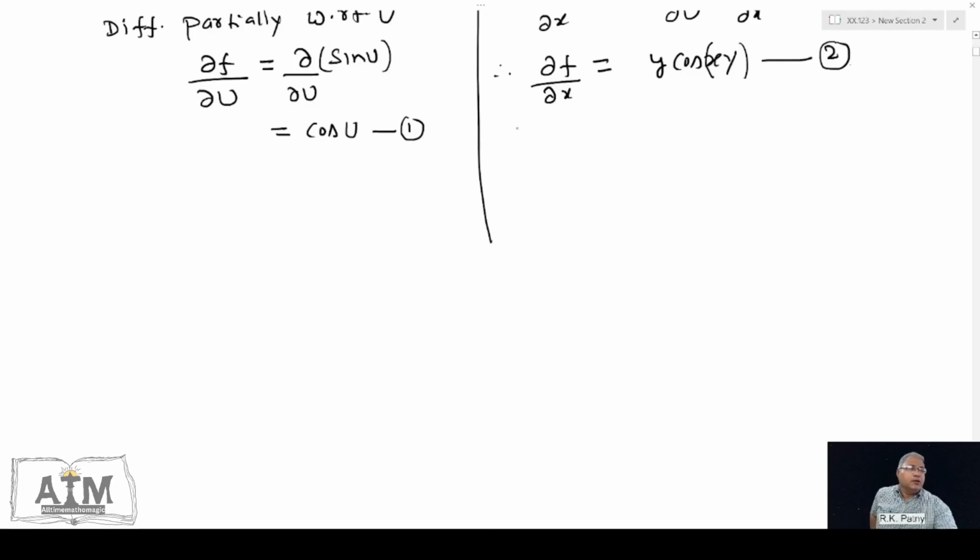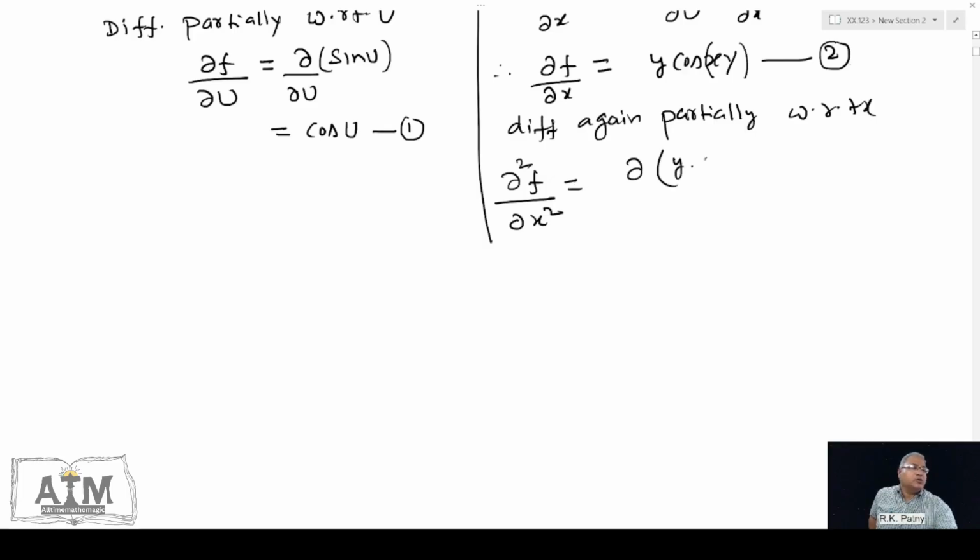Differentiating again partially with respect to x, we get dou 2f by dou x2 or del 2f by del x2 equals partial differentiation of y cos of xy with respect to x. So y is constant, kept as it is.